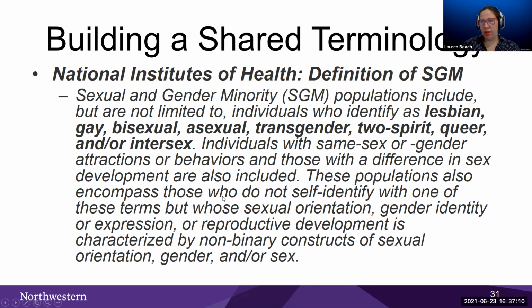Populations who encompass those but don't self-identify with one of the terms listed, whether sexual orientation, gender identity or expression, or reproductive development characterized by non-binary constructs of sexual orientation, gender, and/or sex, are also included in the NIH definition of SGM, which, as you can see, is very broad-ranging and multidimensional. But that's something I think by the end of this course, if you're not already able to do so, you'll be able to unpack everything there.